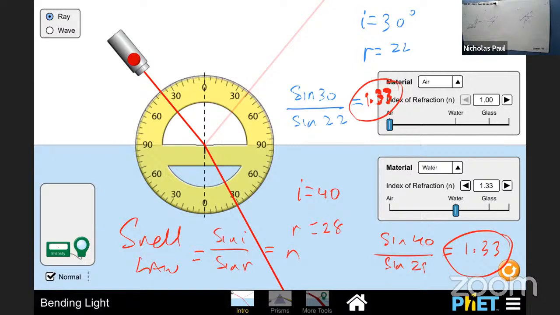That's basically what Snell came up with. Snell recognized that the ratio of sine I and sine R is always the same, and then he called that ratio the refractive index. Okay with that?